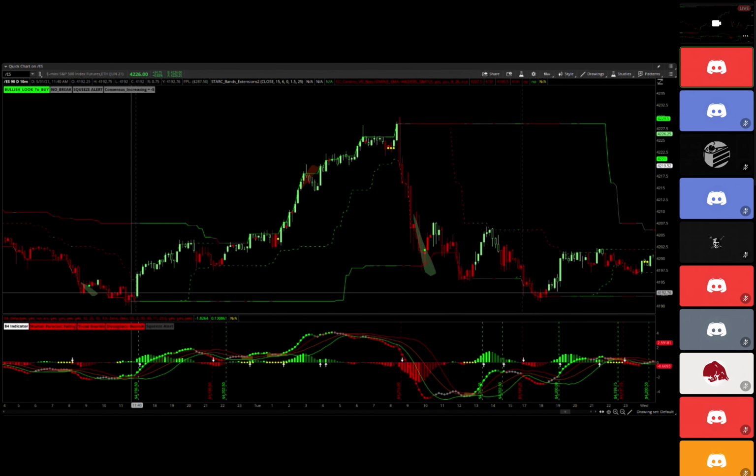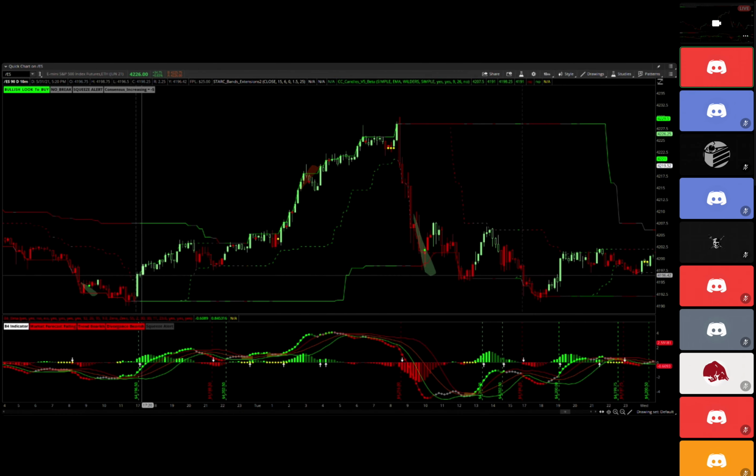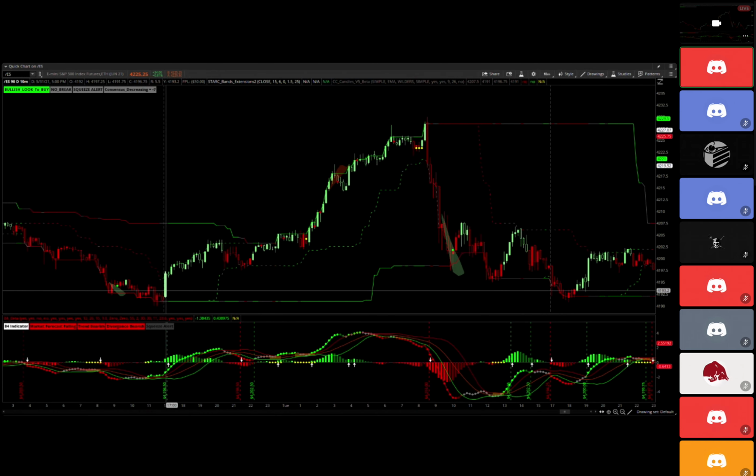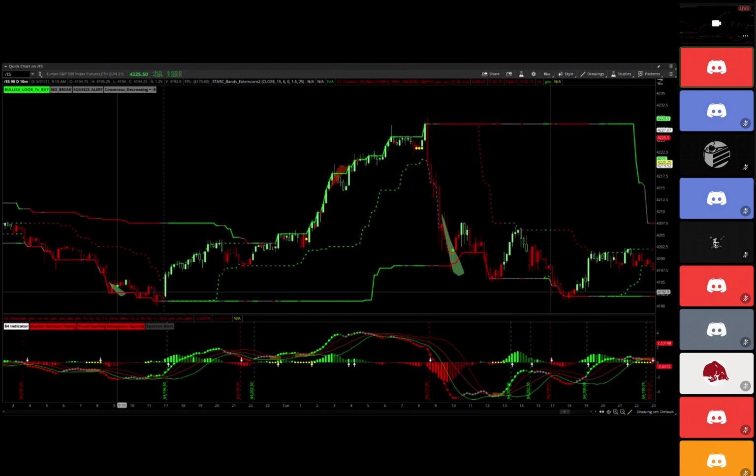This would be an interesting entry point, potentially even here. I wouldn't do that myself. But for those of you that are interested in a more aggressive point of entry, this one poses an interesting prospect because of seeing this cloud.